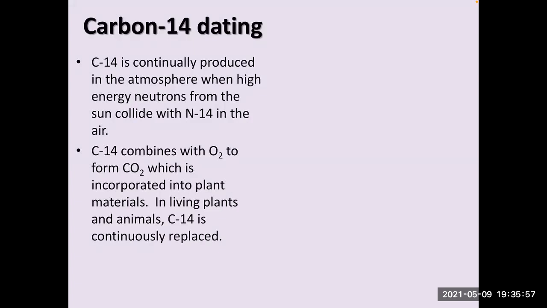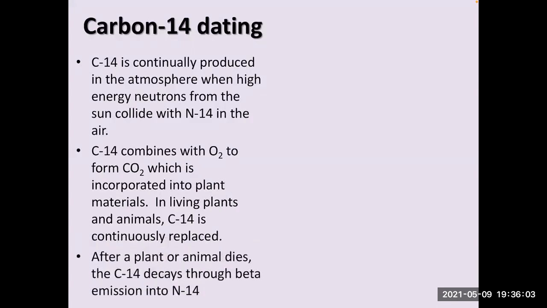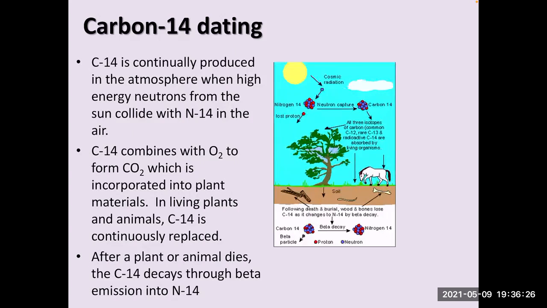Carbon-14 is continuously replaced, so as long as we're living and breathing, that carbon-14 is going to be constantly replaced in our bodies. After plants and animals die, the carbon-14 is kind of trapped, so to speak. So the amount that you have in your body when you die doesn't change until it starts to decay. So it's going to start decaying and breaking down back through beta emission into nitrogen-14.